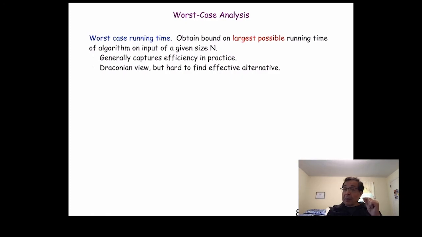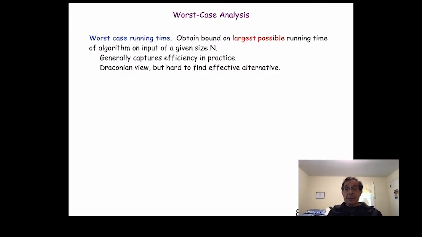And an upper bound would mean the algorithm cannot have a worse behavior than the worst case analysis. So if we have an idea of the worst case behavior and we find a bound for the worst case running time, then we know that the algorithm, no matter what happens, will never do as badly as that upper bound, and that is safe.